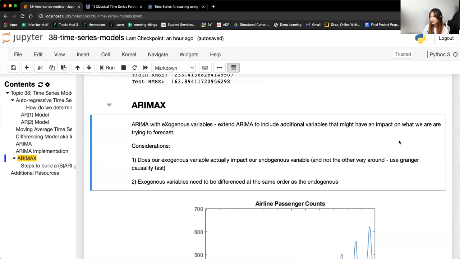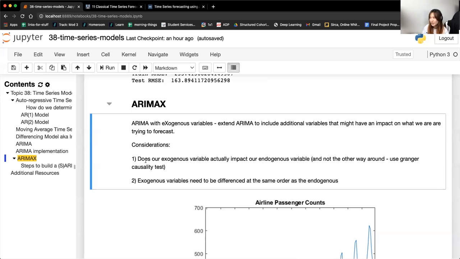Things to keep in mind: does our exogenous variable actually impact our endogenous variable and not the other way around? We talked about confounding variables with our previous projects. You definitely do not want to include variables that what you're trying to predict impacts.